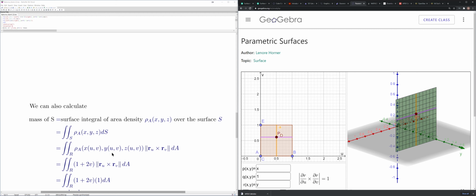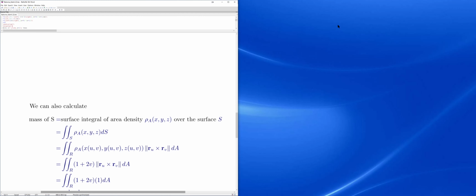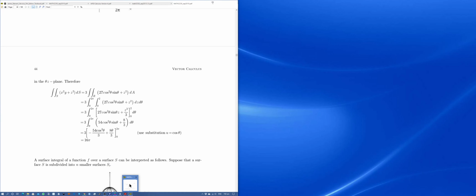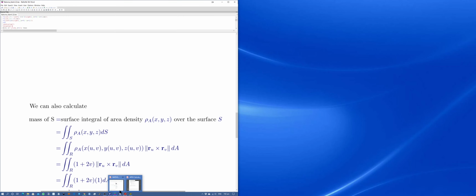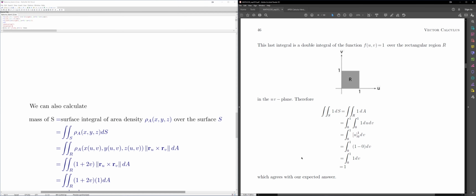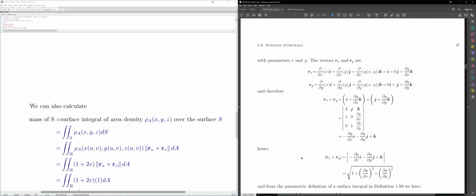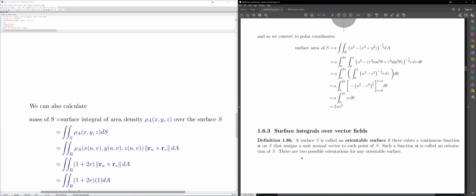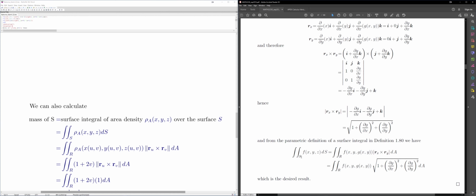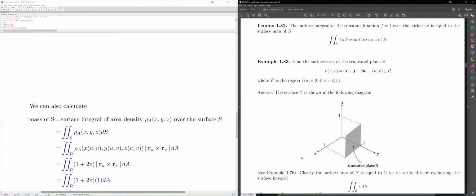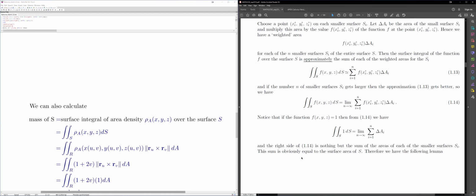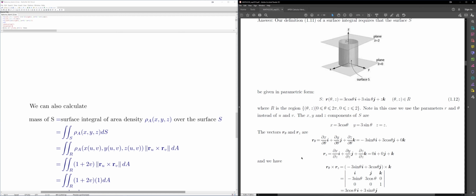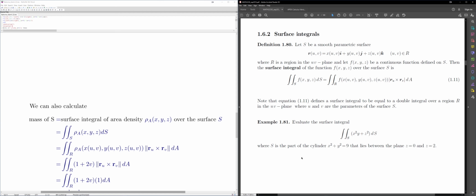And how we do this is we use the fact that S is a parametric surface, and we use what we used before to calculate the surface integral of a parametric surface, which is this formula here.